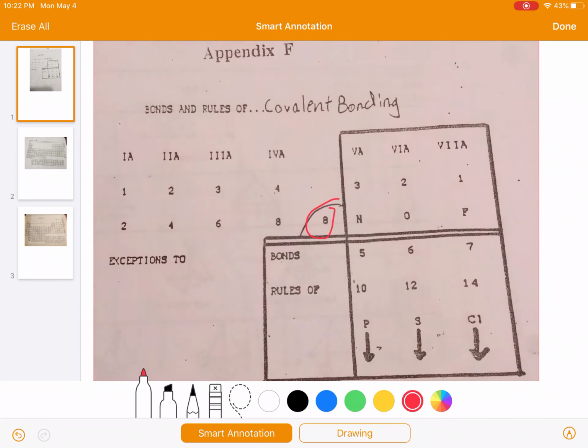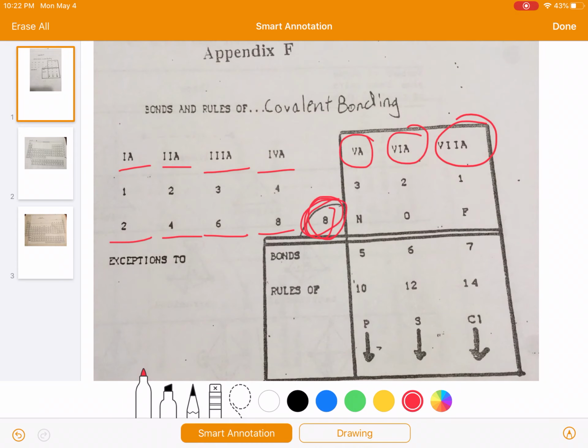So group 1A wants 2, group 2A wants 4, 3A wants 6, group 4A wants 8, and these 3 groups all want 8. These 3 groups must have 8 electrons around them when they are done. Okay?